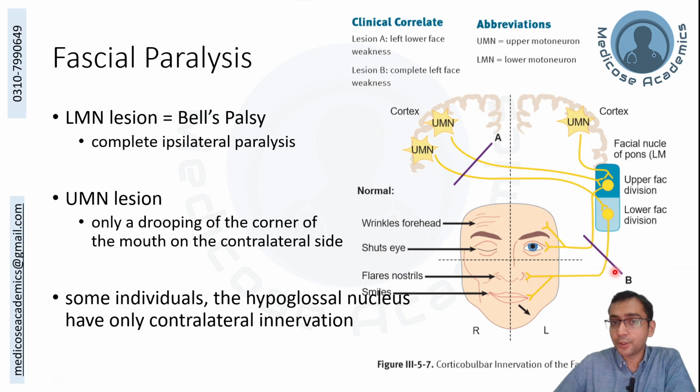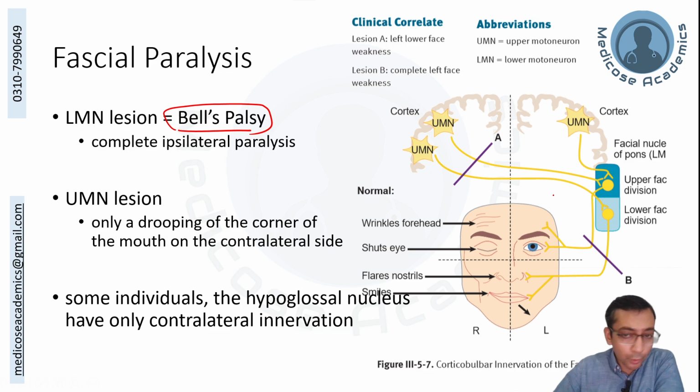That is the lower motor neuron lesion, known as Bell's palsy. And when the lower motor neuron is affected, it is usually affected as a whole. There is no preference for the upper or lower half of the face. So in lower motor neuron type palsy, there is flaccid paralysis of the complete half of the face.